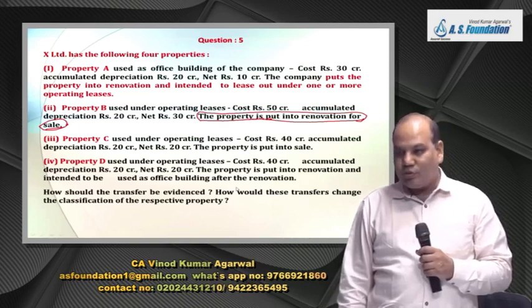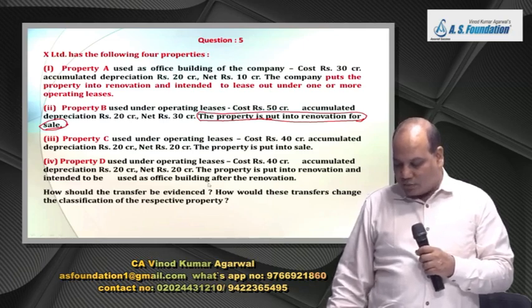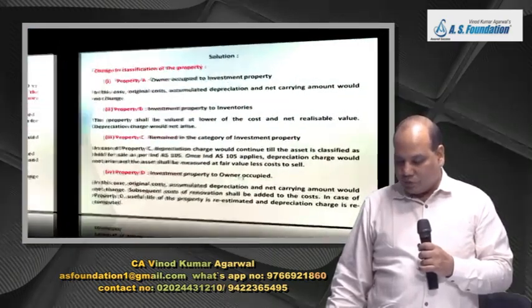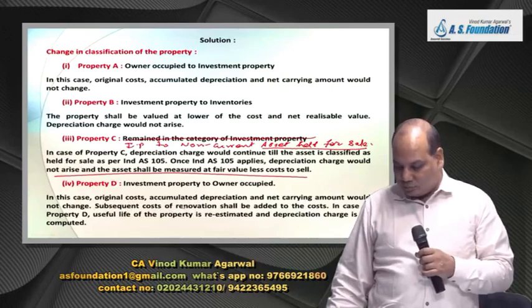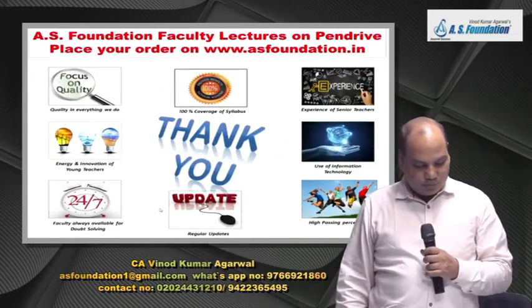Investment property to owner occupied property. So what is the amount? It will be transferred to owner occupied property, same carrying amount to carrying amount. Okay, no gain or loss will arise. And in future, you have to provide depreciation.